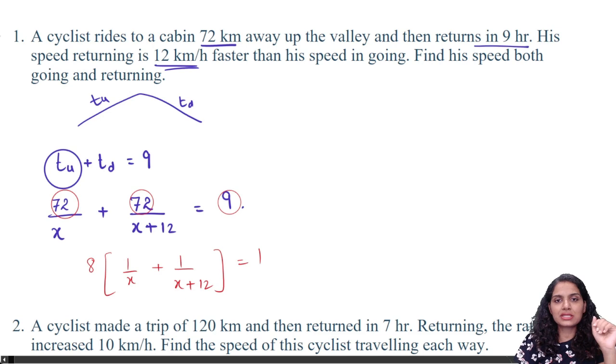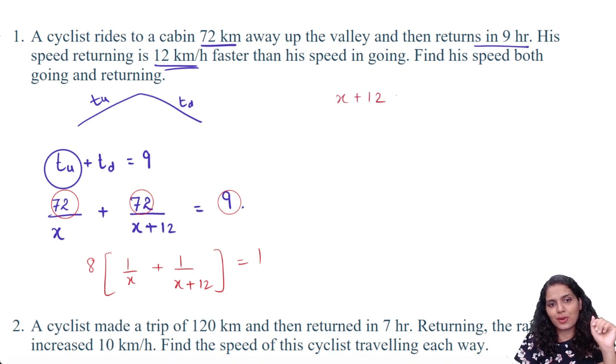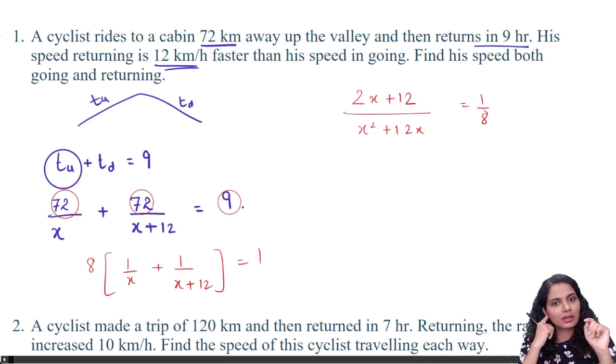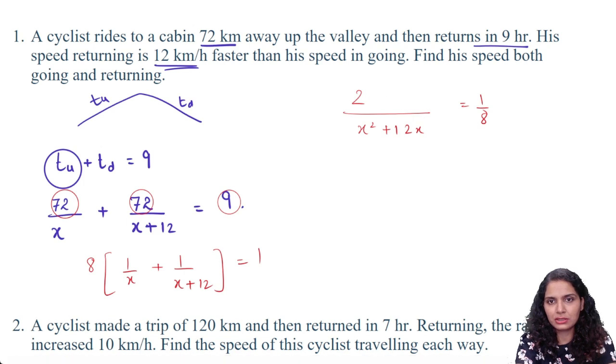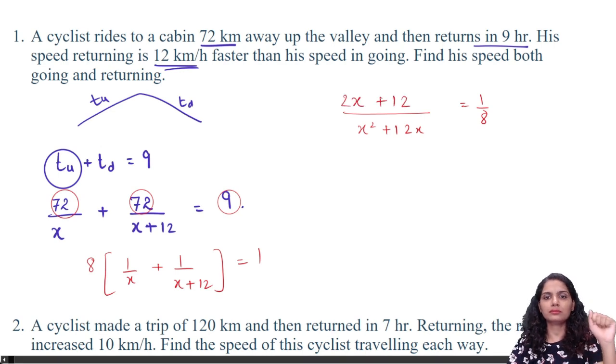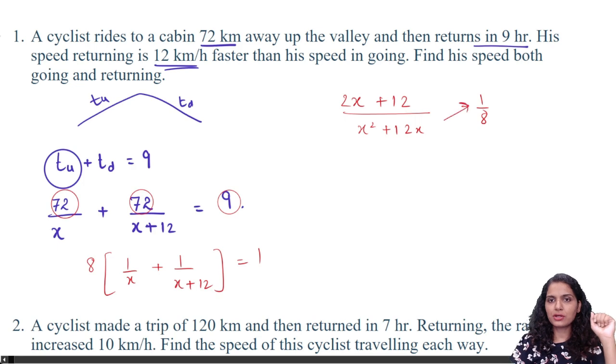Do this and it will be x plus 12. Yes, and then x upon x square plus 12x is equal to 1 upon 8, or I can just write here 2x plus 12. Okay, just a second. What was written earlier? Let me cross check. Oh no, correct. 2x plus 12. Okay, so do the cross, simplify and get your answer.